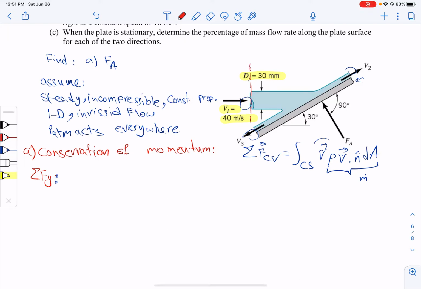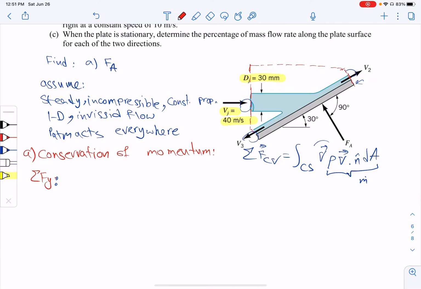Most of the time I use a control volume that is parallel to the openings. This way we don't have to worry about, for example, theta and all the slopes. If I draw it like this, the velocity coming out is perpendicular to it, right?